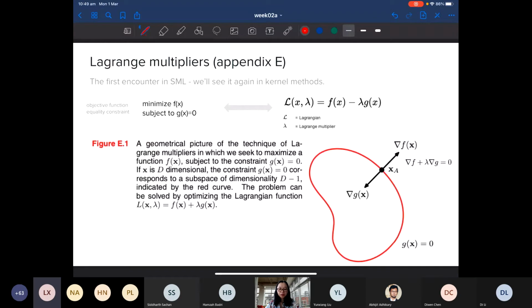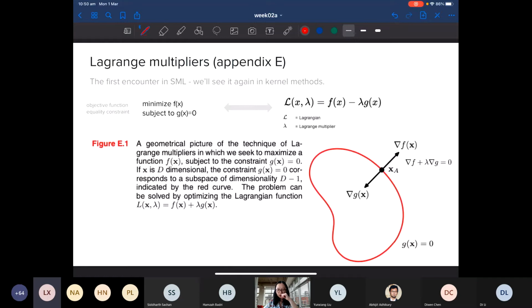The definition of the Lagrange multiplier is that if we would like to minimize or maximize a function f subject to an equality constraint, g of x equals 0, or sometimes an inequality constraint, it's equivalent to minimizing the linear combination of f and g modulated by the Lagrange multiplier lambda, which is a constant.